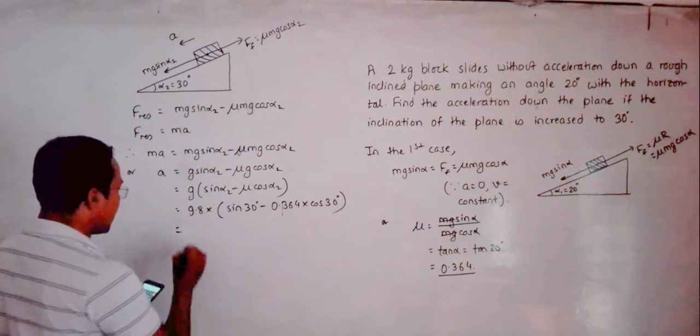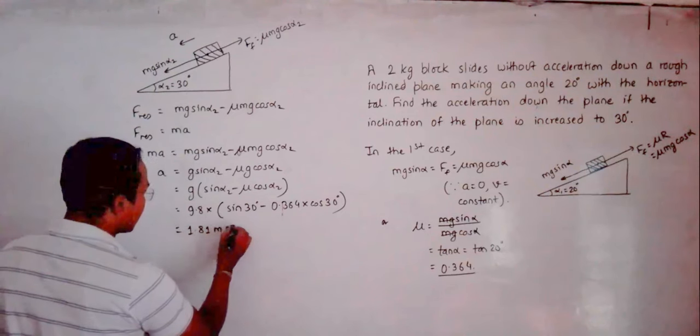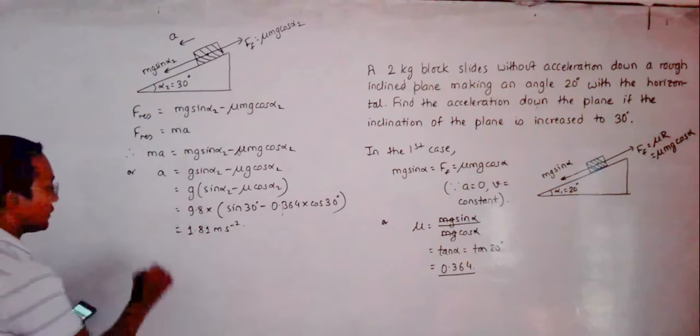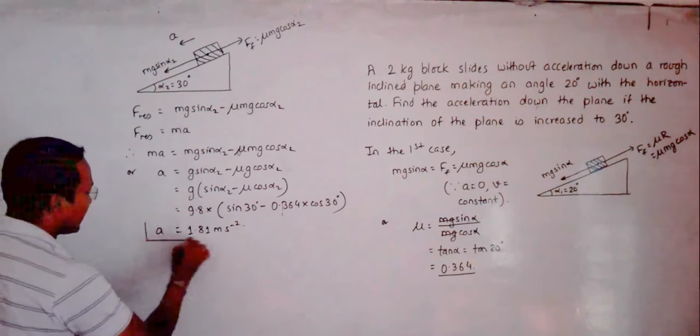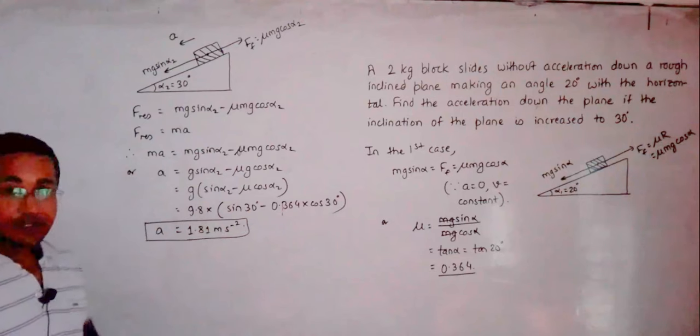So the value is 1.81 meters per second squared. So the acceleration down the plane should be equal to 1.81 meters per second squared.